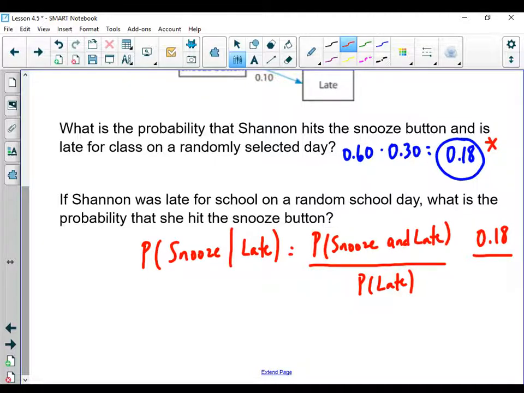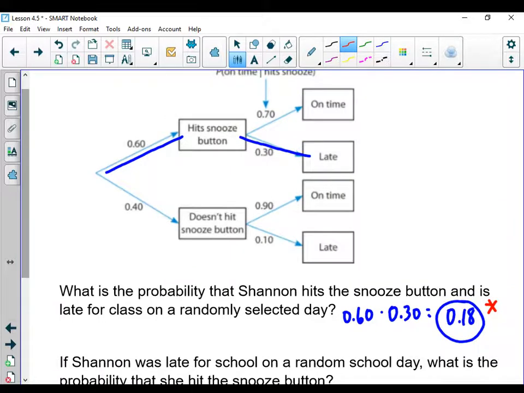We're going to divide that by the probability that she was late. Well, her being late could have happened in one of two ways. It could have been the way that we just talked about, where she hit the snooze and then she was late. That was the probability of 0.18. But also, she could have gotten up right away and still ended up being late. Well, let's see what that probability is.